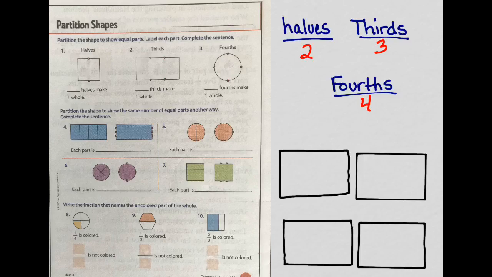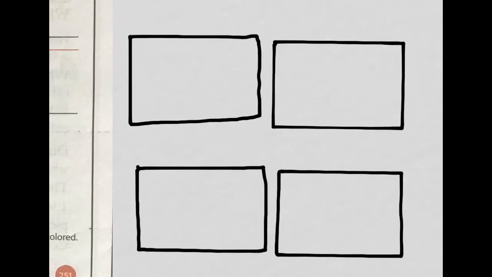And if you look over here on the right-hand side, which I'm just going to make big for you, I have 4 rectangles. I'm going to divide each of these 4 rectangles into 4 equal parts. And there's 4 ways we can do it. So, I'm going to draw this way.